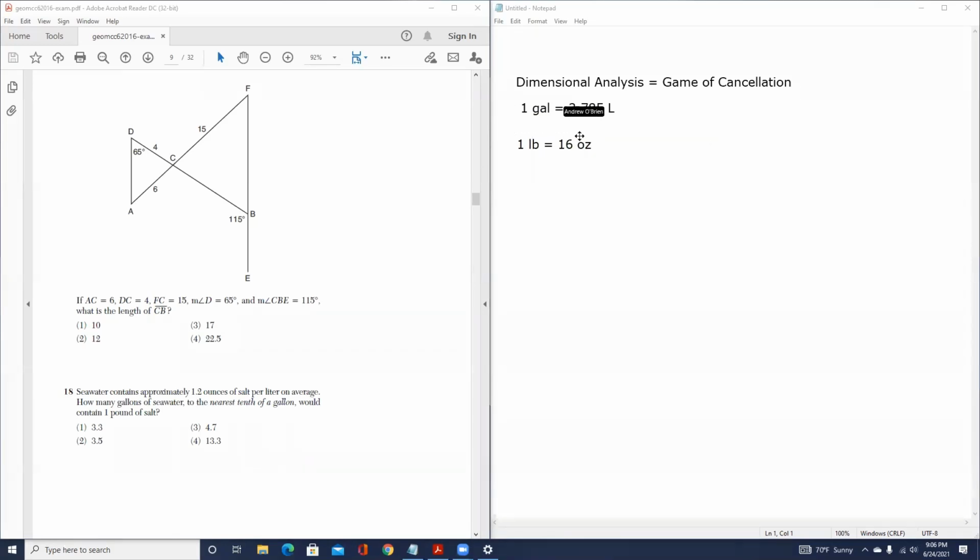That is also given as part of the formula sheet, but for anyone living in the United States, hopefully it's common knowledge. So the first thing to do is, if we're solving for gallons, we should start with what we know. We know that this amount of gallons has to have 1 pound of salt.